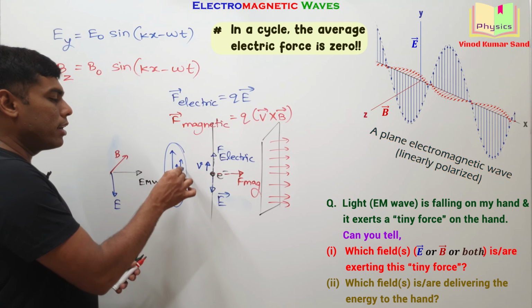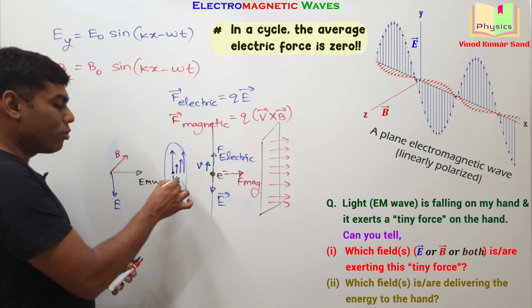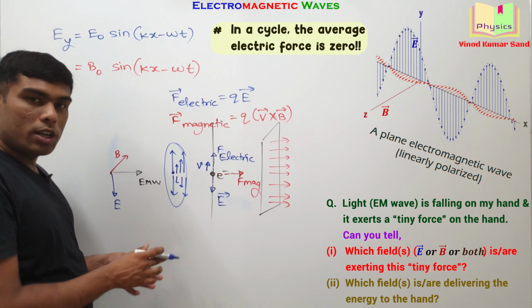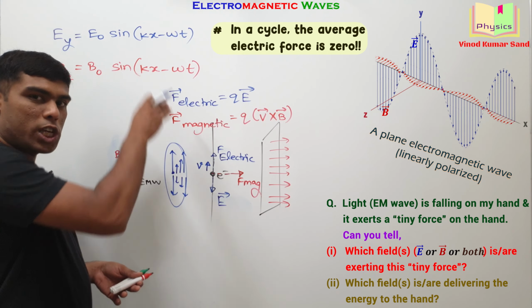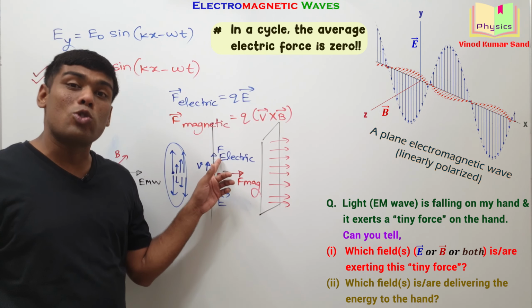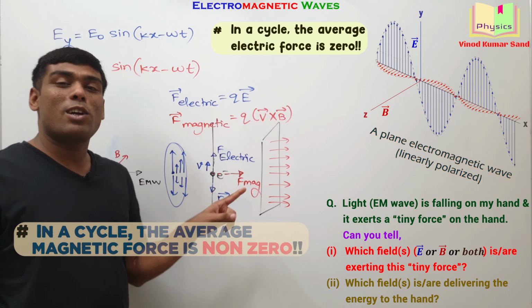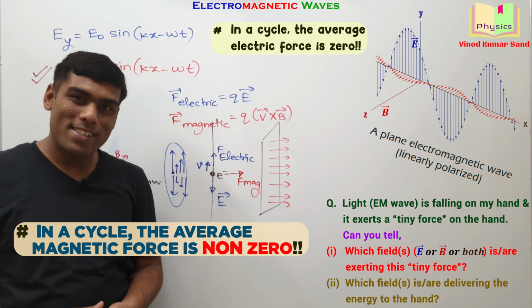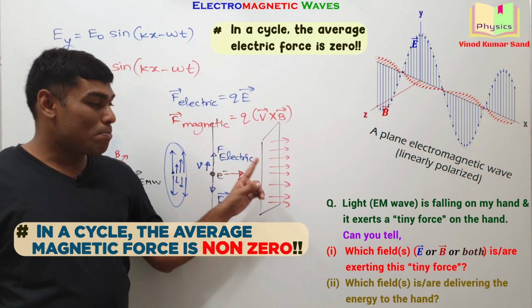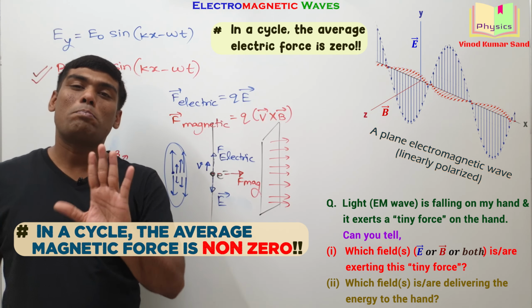The electric field strength will increase, then decrease, then change its direction. And in one cycle, if you check carefully, the average electric force is zero. But in one cycle, the average magnetic force is non-zero. So it is the magnetic force which causes the radiation pressure.